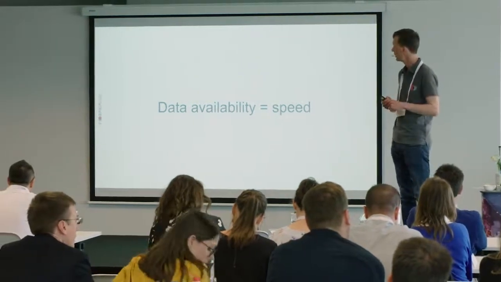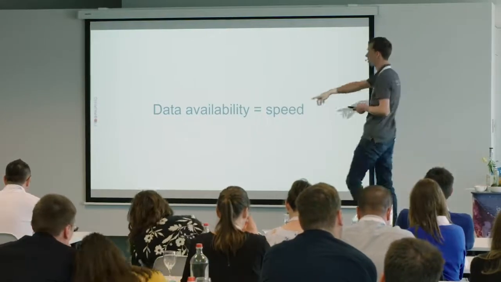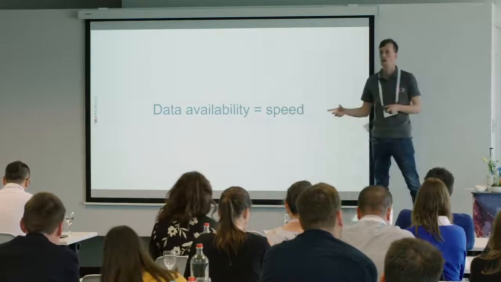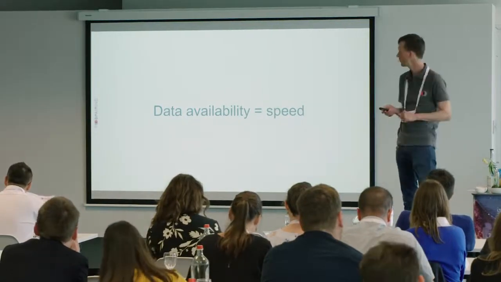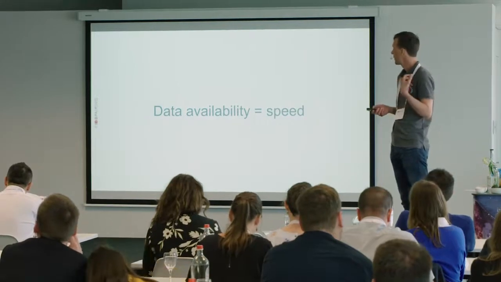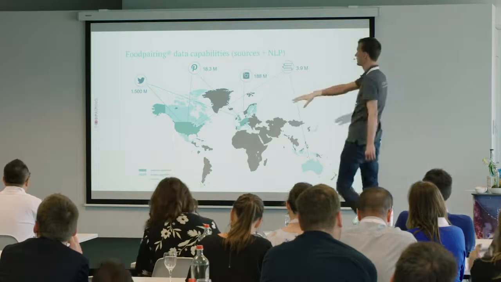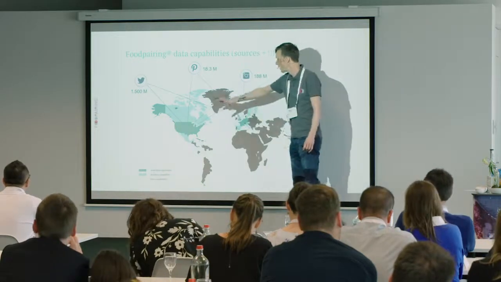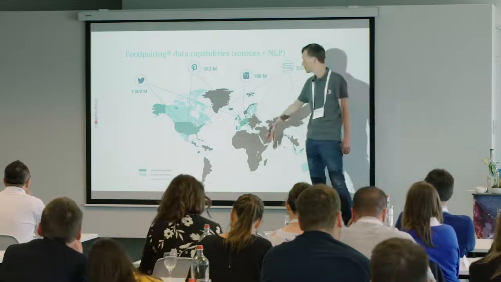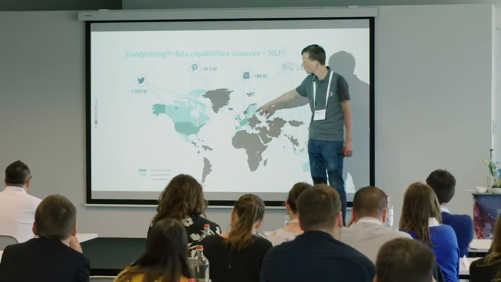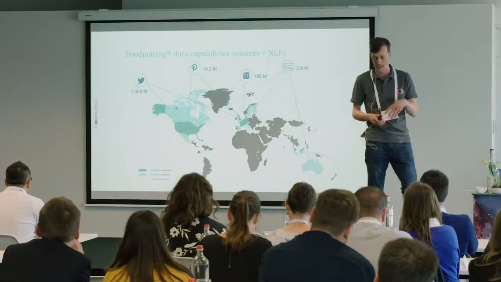One important remark is that data availability means speed. So if you want to add speed to the process, it's important that we already have the data. One way is because we do it ourselves. So definitely on US, Europe, we have a lot of data. We're building on capabilities: South of Europe, North of Europe, Canada, Mexico, Australia and Japan.